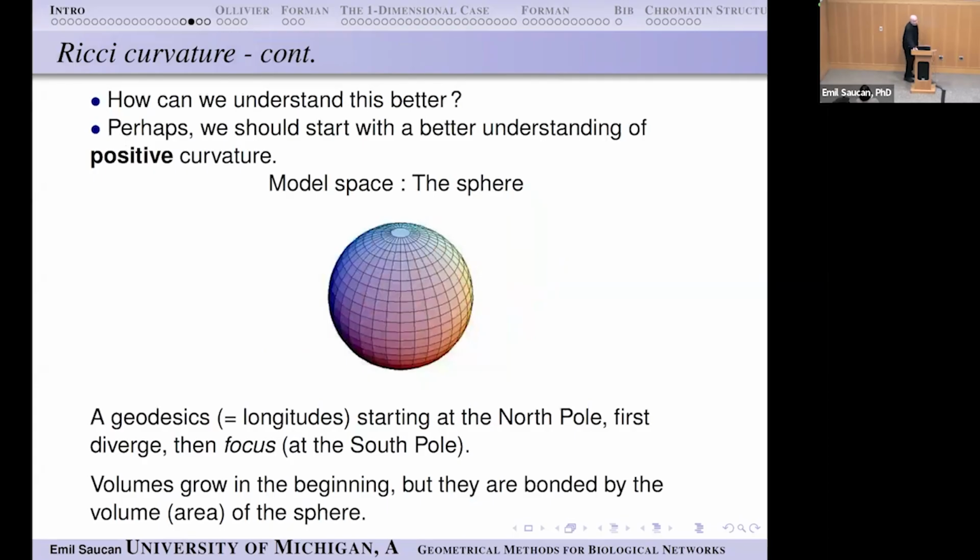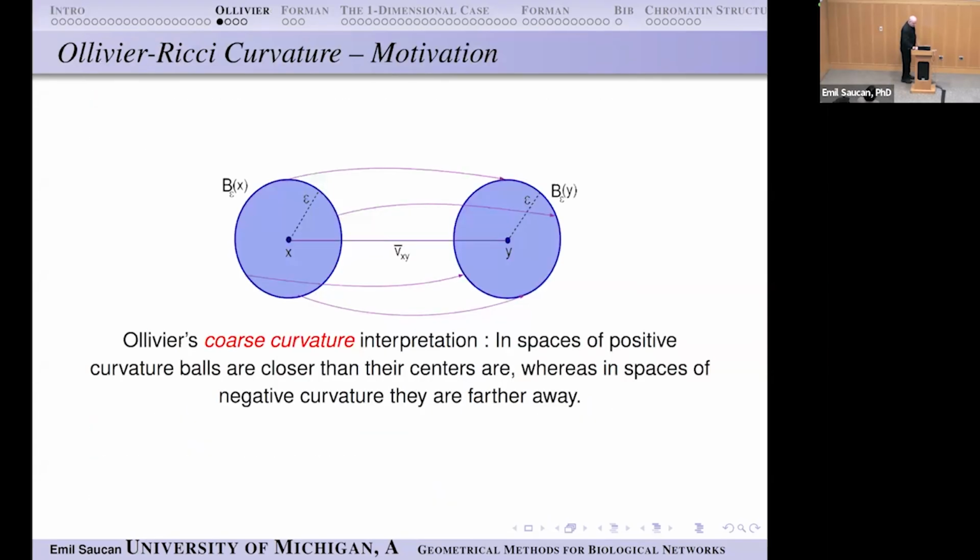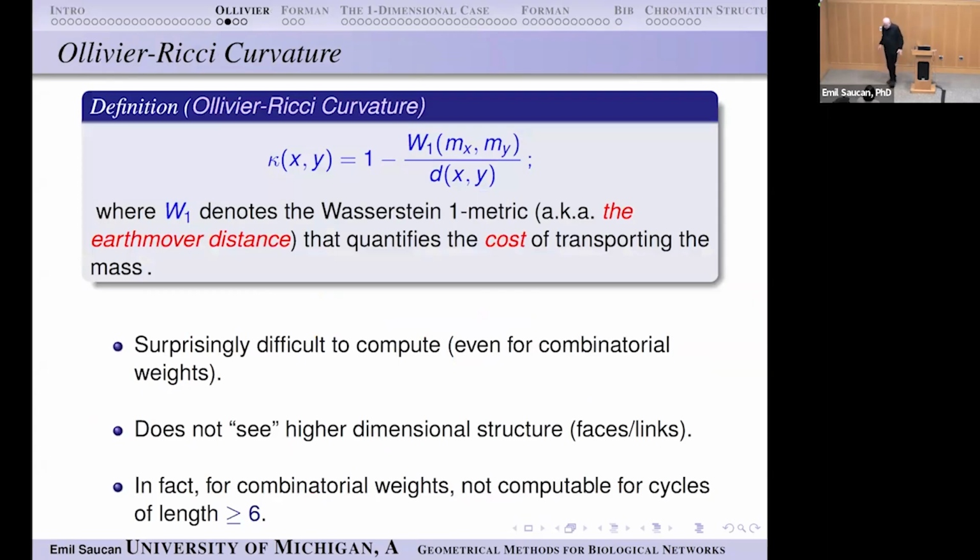If you look here, small circles here and here, the points on the circles, on the polar circles, are much closer than the centers, which are the north and south poles respectively. So that's his idea. Formally we define it in this manner. It's a beautiful thing.